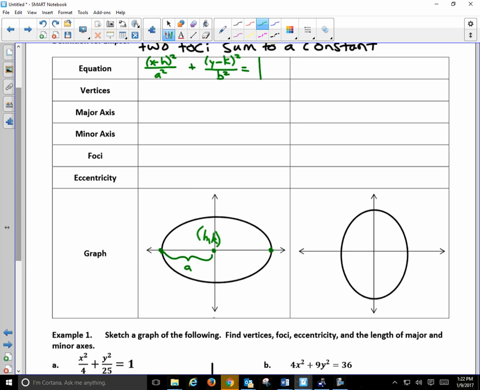A units. So look at this. All you have to do is look under the x. X is horizontal. It's stretched A units in that direction. So if I move it A units horizontally, is that going to affect the h value or the k value? H. So the vertices will have a location of h plus or minus a, and then a k value.